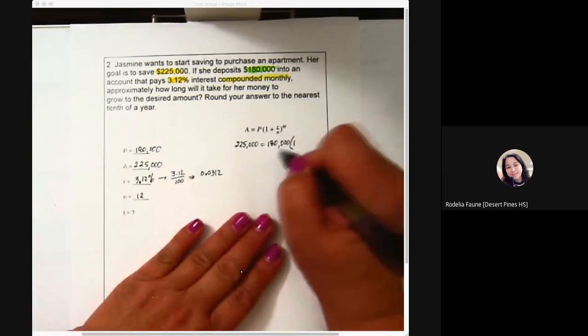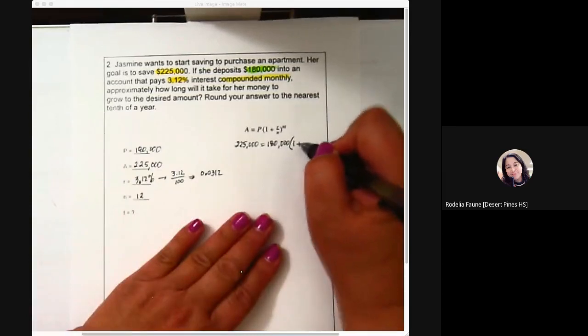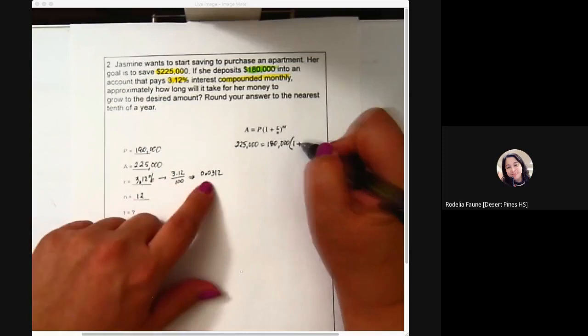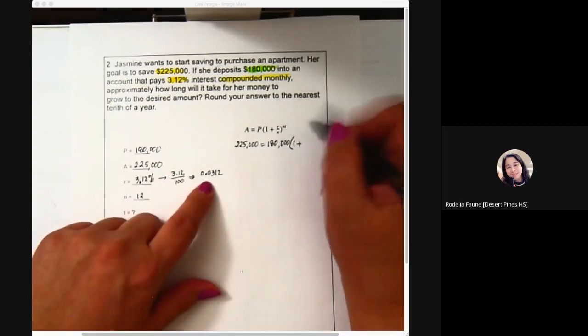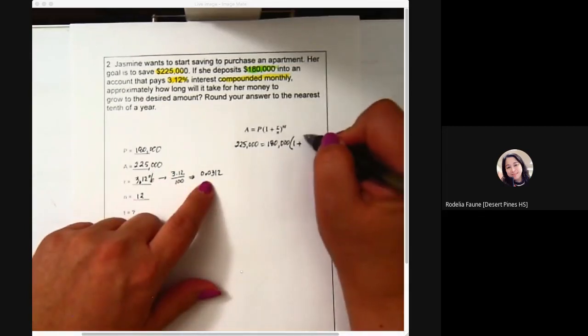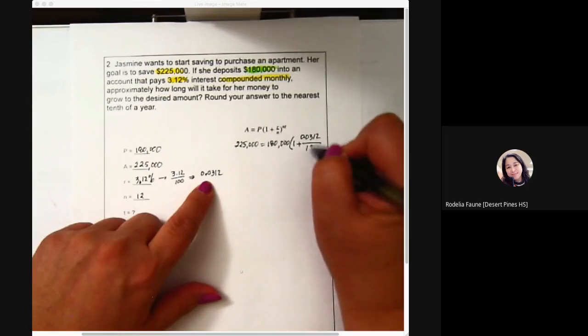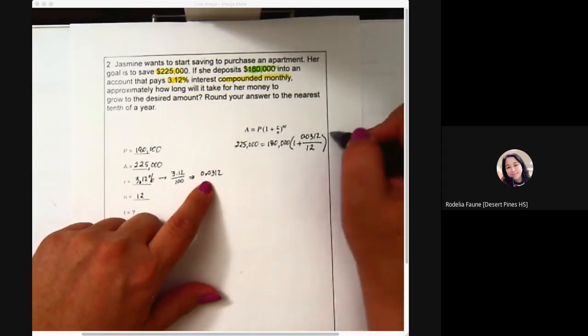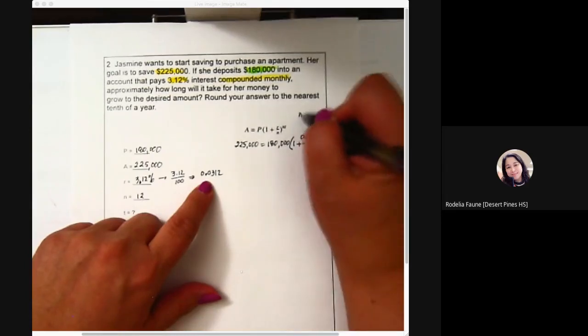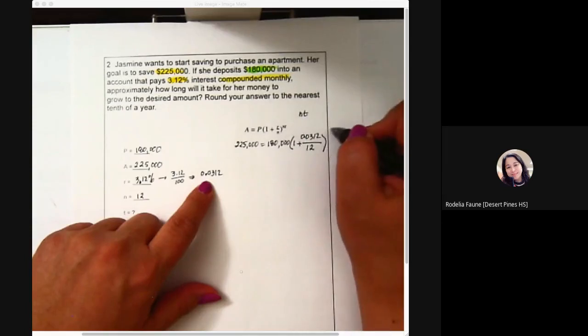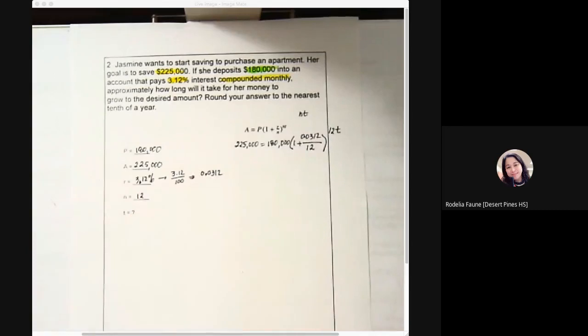Parentheses mean times. 1 plus the R, 0.0312, over the N, which is 12. And our exponent is NT, N times T, meaning the N is 12 times the time. And we are looking for that T again.